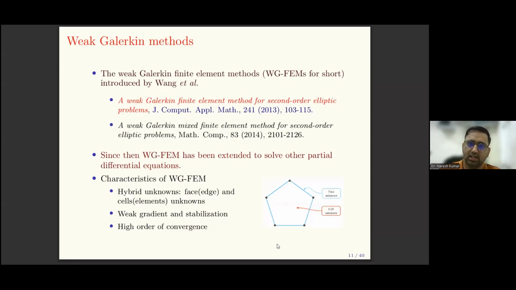So recently, in 2013, the weak Galerkin methods were developed by Professor Junping Wang. They first developed weak Galerkin methods for second order elliptic problems, and then they also developed the mixed Galerkin method. In 2014, so this method is not an old method. Recently they have developed it, and then people also use this theory for parabolic PDEs and hyperbolic PDEs.